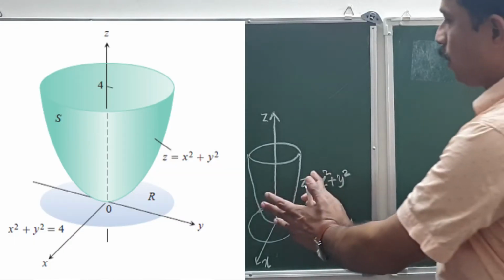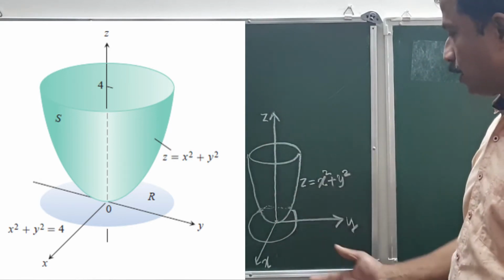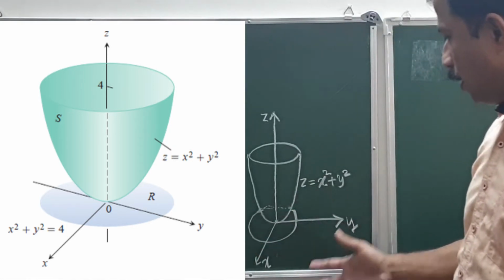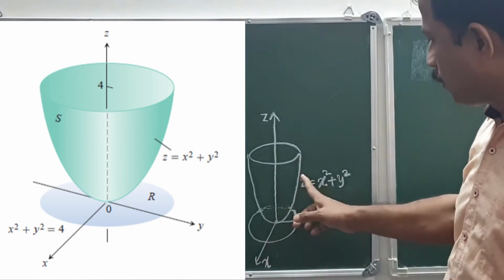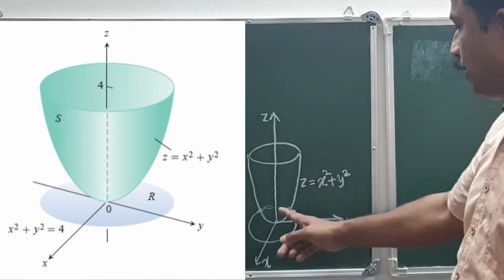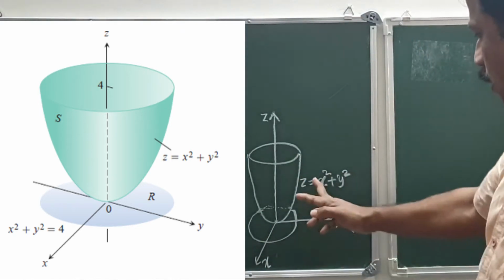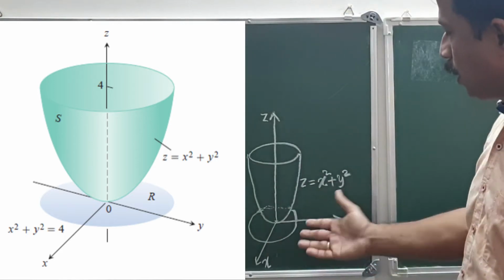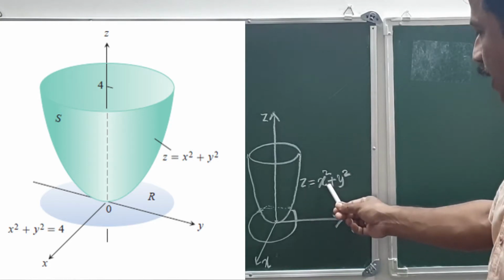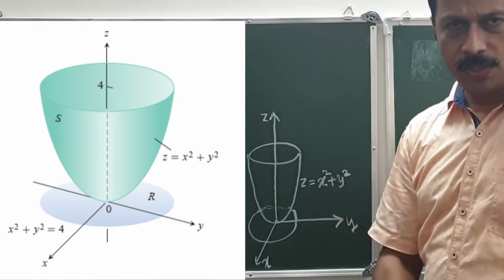The paraboloid is open upwards if this is the x-axis, y-axis and z-axis. The paraboloid is placed on the xy plane, and the only point that meets the xy plane is the point (0, 0, 0), the origin, and all other points lie above the xy plane because z is equal to x square plus y square, so the minimum value of z is 0.